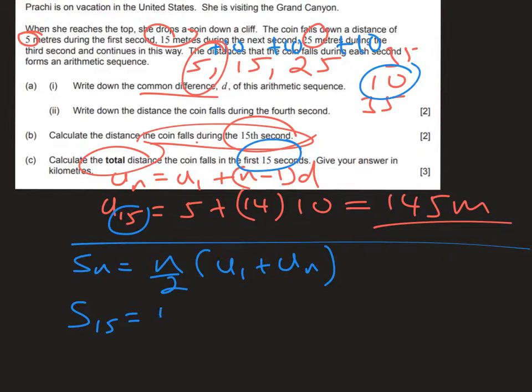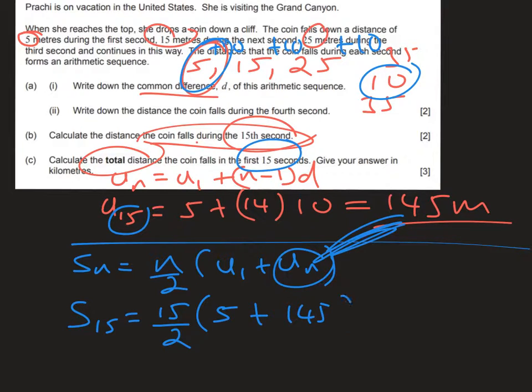So n is going to be 15 over 2. u1 we've got, it's going to be the same up here, that's 5 meters. And if we're finding the sum of the first 15 terms, then we want this u15. Now we've just found out what that is. u15 is 145. So we can use this version of the formula, 5 plus 145.